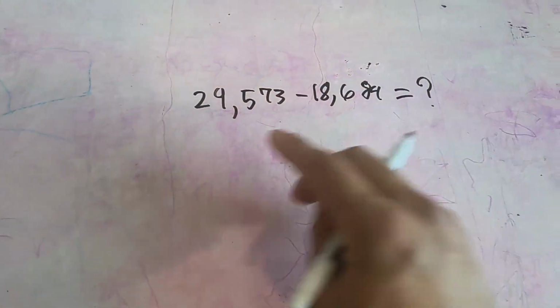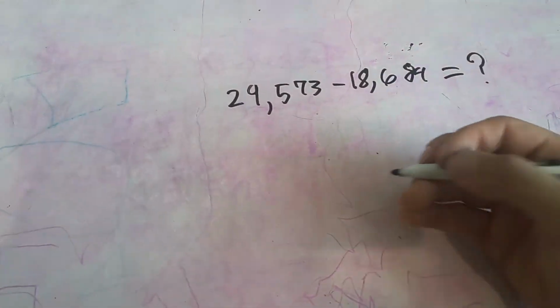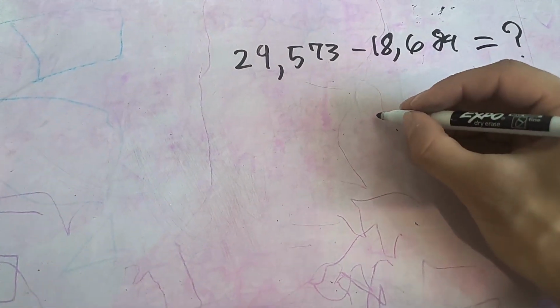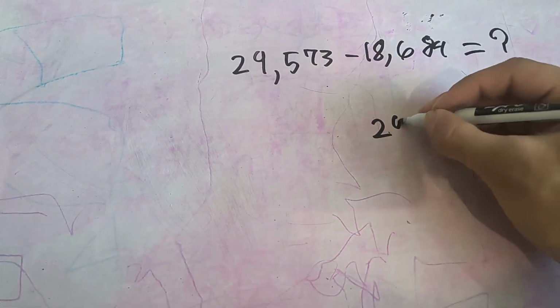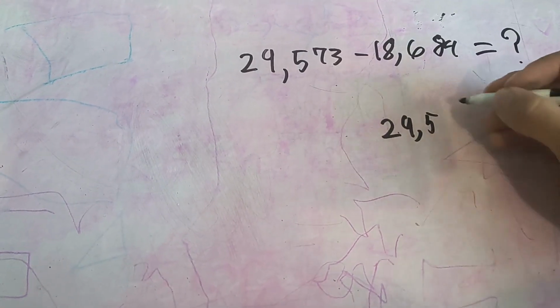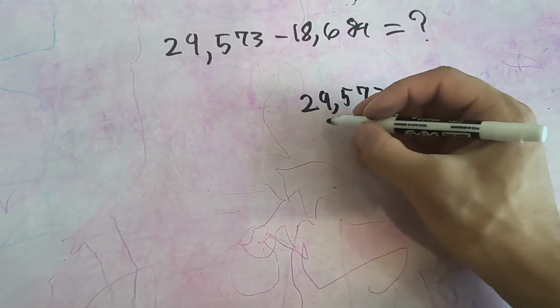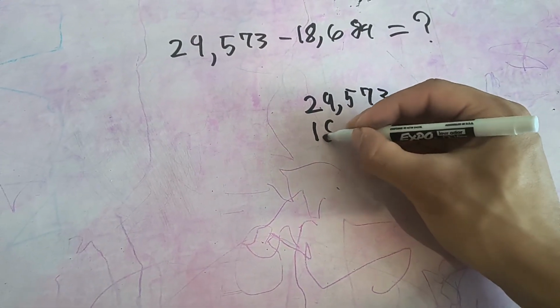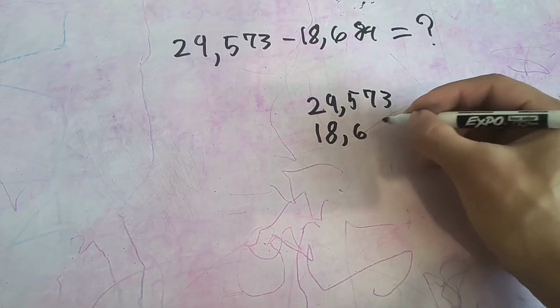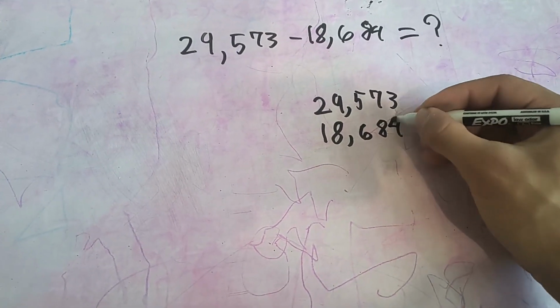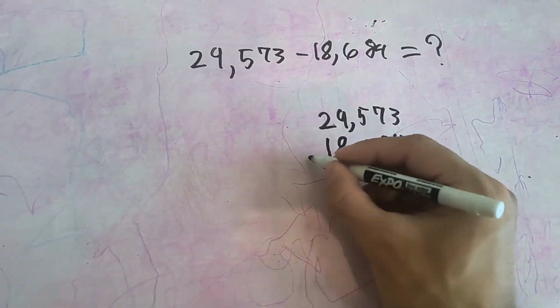Well, I don't know if you can already tell, but we're going to have to do some borrowing here. Okay, so we write the larger number, which is 29,573, and then we write the smaller number at the bottom, which is 18,684. There we go.